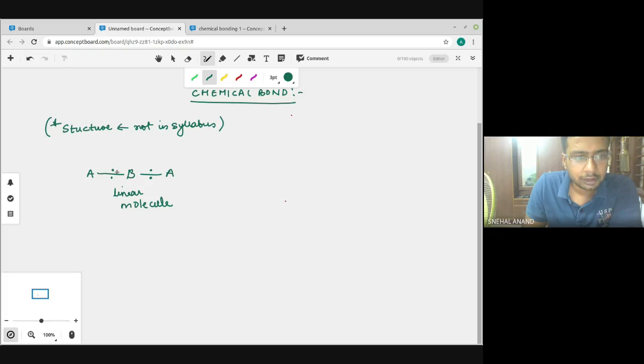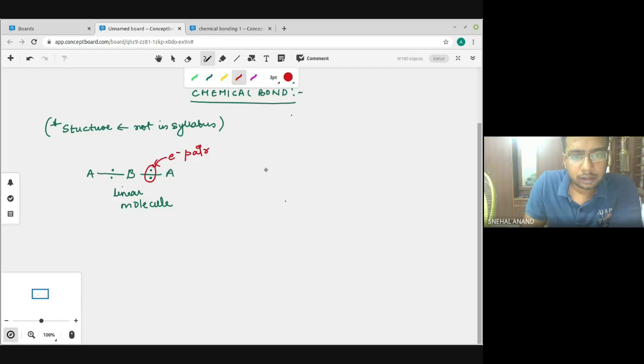Okay, so I'm just using the term: if you have two bond pairs of electrons, I'm calling these electrons an electron pair. So if you have two electron pairs around the central metal or central element, they try to be at maximum distance from each other.